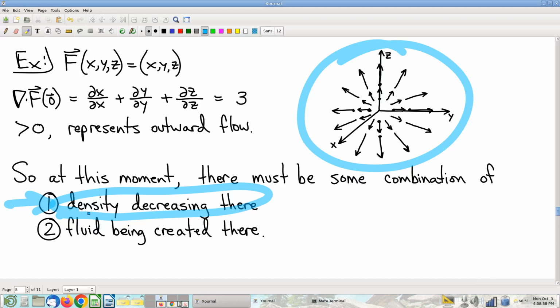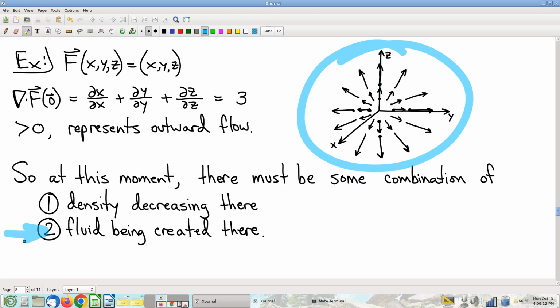Here's the problem. That's not the only physical scenario. Here's a totally different scenario. Instead of this being a gas, of which there is a finite amount, and if some leaves, then there's less remaining, what if instead it's a totally different kind of fluid, namely photons? Maybe this is a light bulb. And if there's a light bulb right there, well, then there's going to be a flow of photons outward away from the light bulb. The amount of photons isn't decreasing, right?